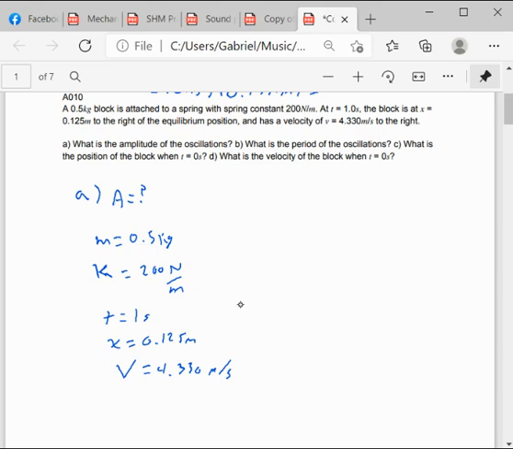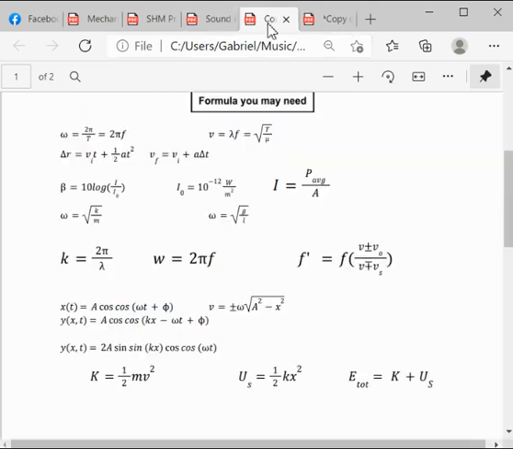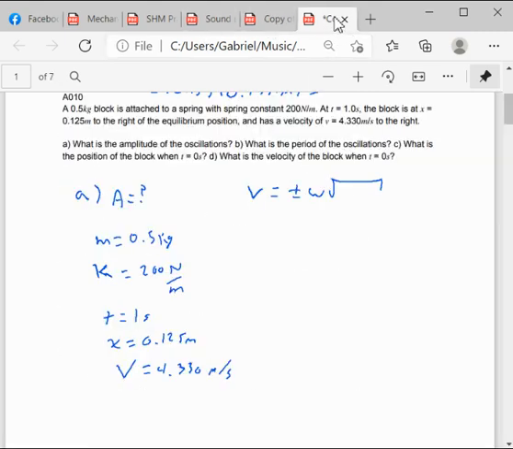But you can also remember this formula between the speed and the position, which is: the speed is equal to plus or minus the angular frequency times the square root of, I have to double check this, because it's the maximum displacement, the amplitude, minus the current position.